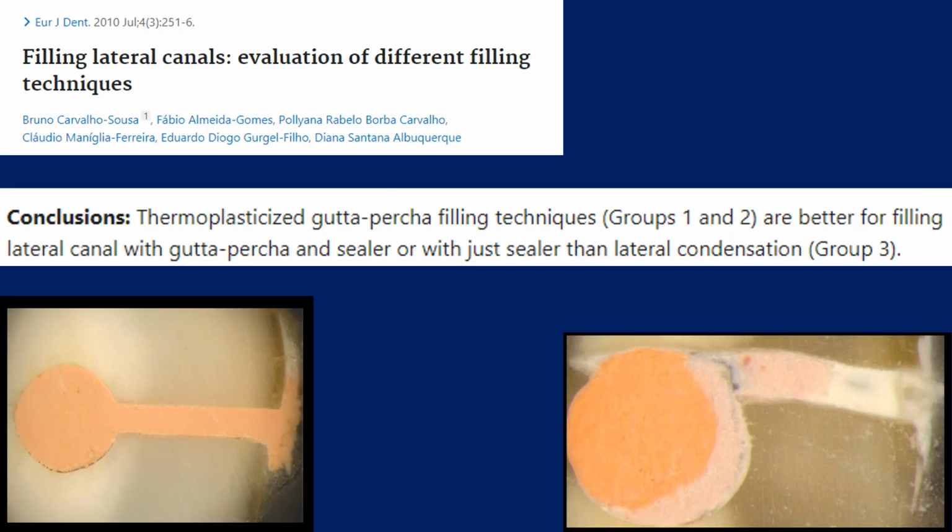And thermoplasticized gutta-percha, namely the core carriers, will make a good seal of the lateral canals, as you can see here. And this is the core, and this is the gutta-percha entering the lateral canal, and before that, the sealer.